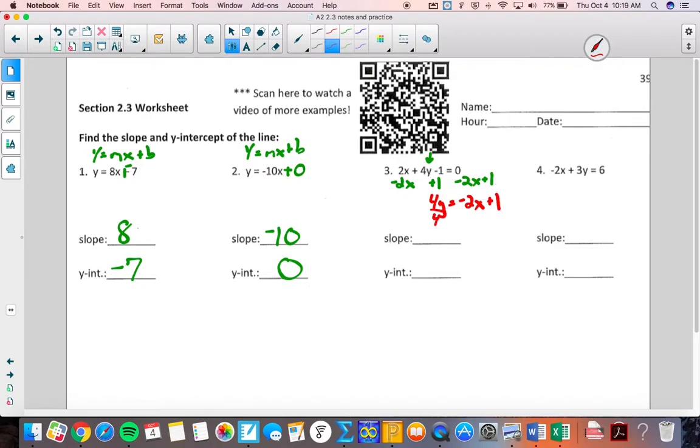And then I divide by 4. I have to divide everything by 4. So my new pretty equation is y equals -1/2 x plus 1/4. And so the slope is -1/2. And the y-intercept is 1/4.